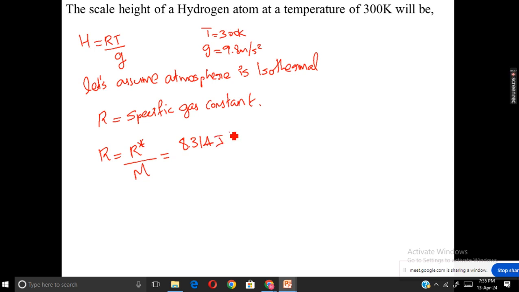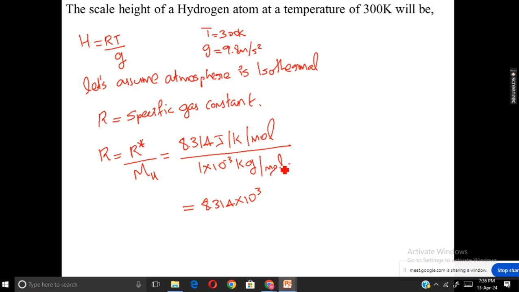So 8.314 joule per Kelvin per mole by M, which is the molar mass. In case of hydrogen, molar mass of hydrogen is 1 gram, which is 1 into 10 raised to minus 3 kg. This will give you a value of 8.314 into 10 raised to 3 joule per Kelvin per kilogram. Mole and mole will cancel and become joule per Kelvin kilogram.